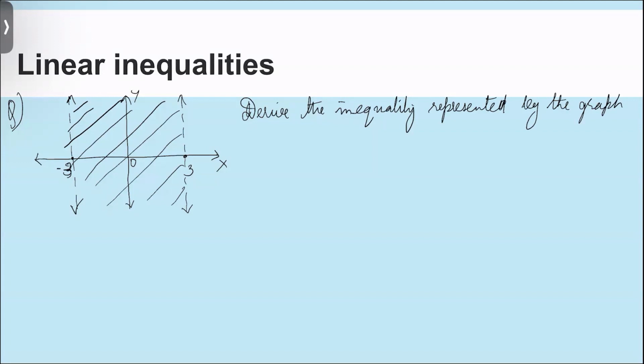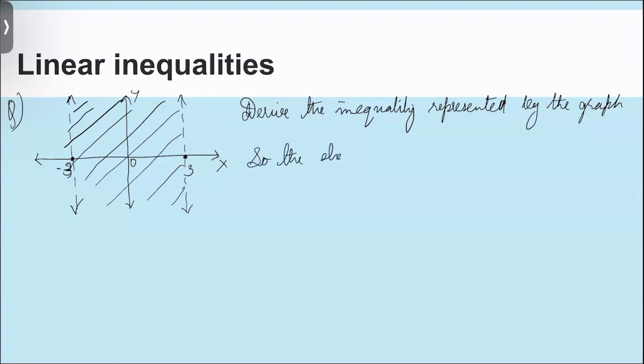So the shaded region that is given to you, you have to find the inequality that is representing this shaded region. Okay, so as you can see, the bounds that are mentioned here are between -3 and 3.